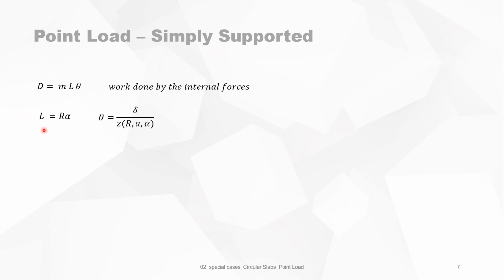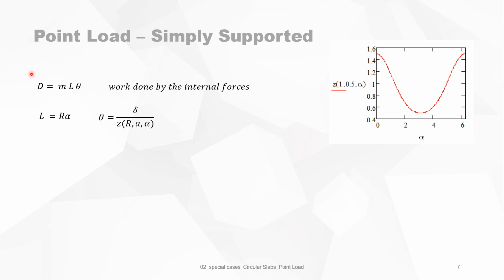So the projected length of the yield line is, of course, r times alpha, with alpha in radians, and theta is equal to the unity displacement delta divided by the distance z, a function of r, alpha, and a. This is for infinitesimally small elements. So to calculate the internal work, we need to take the integral from 0 to 2 pi of this, substituted by those, and you arrive at this integral.